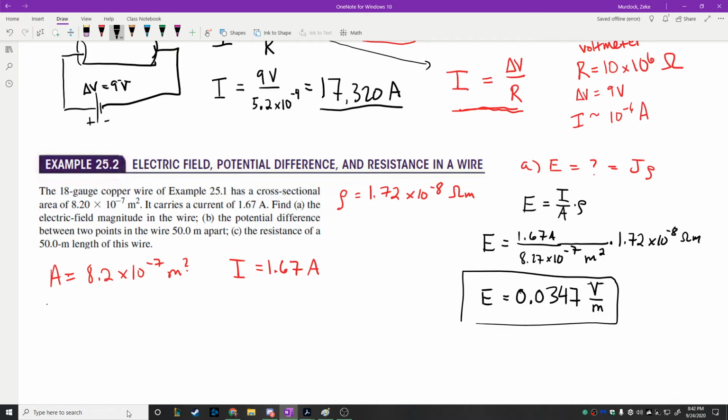Part B, potential difference between 2 points in the wire that are 50 meters apart. How do I do that? This should be pretty easy. Delta V is equal to E times L. So we just take 0.0347 volts per meter, multiply by the length. You're saying it's 1.75 volts. 0.035 times 50, so you move this over 1, multiply by 5 times 35.